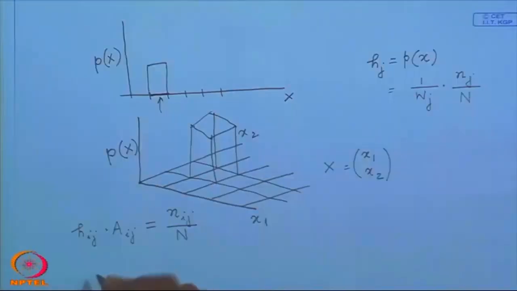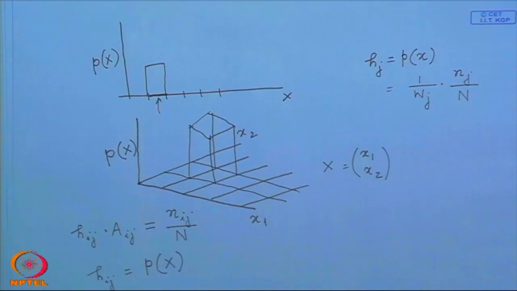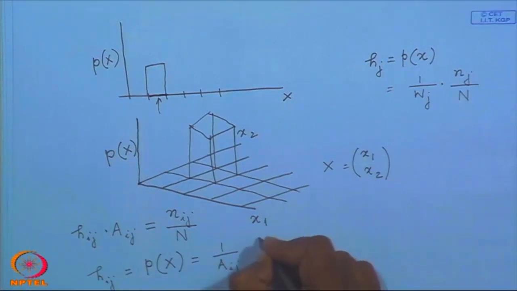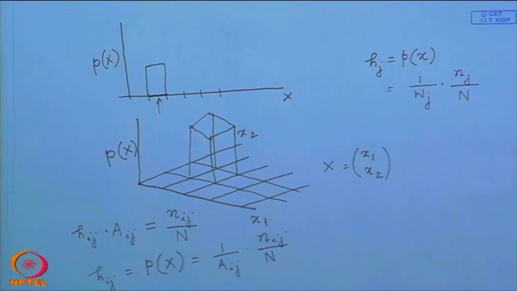So, from this we can compute h i j, which is p of x, where this x is a vector. So, what is the probability that this vector x will fall under the ijth bin? It is given by 1 upon a i j times n i j upon capital N. And here again it is assumed that within a bin the probability density value is constant, but the probability density value varies from bin to bin.